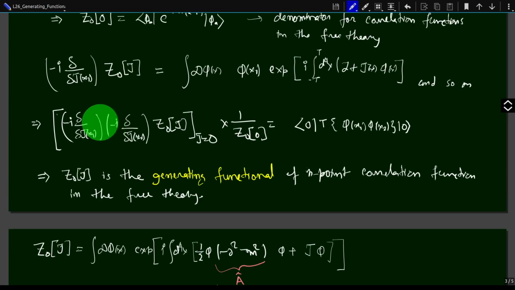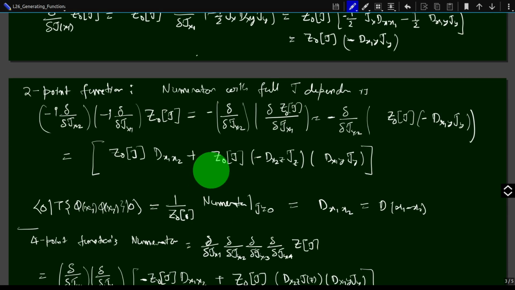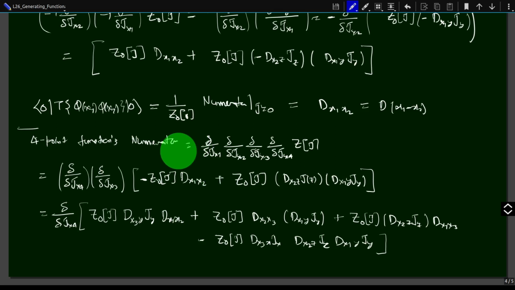For each field, I have to have minus i del by del j, and there are 4 of the minus i's, giving me an overall factor 1. So it's del by del jx1, del by del jx2, del by del jx3, del by del jx4, acting on z0 of j, I should have said.